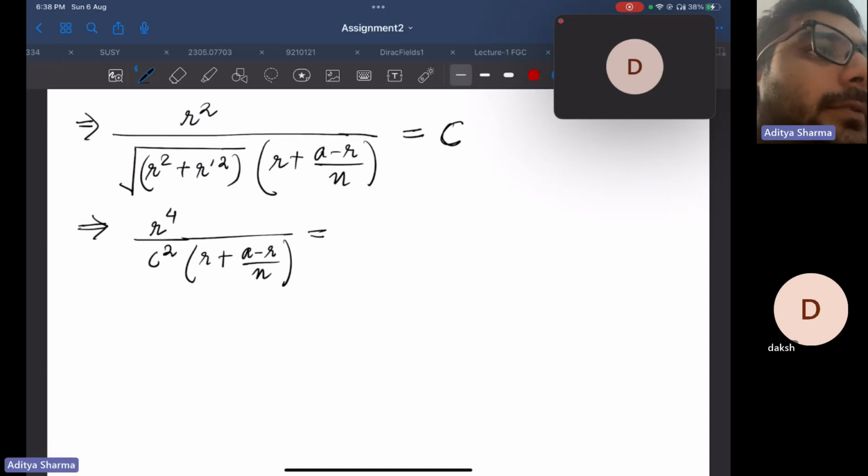He is equal to two square plus prime square.